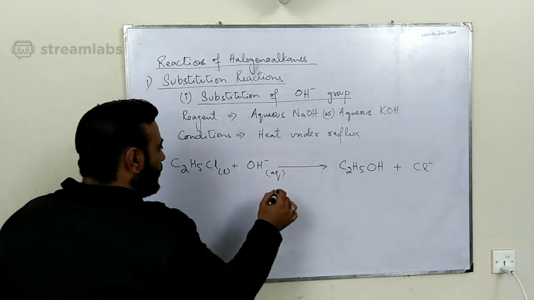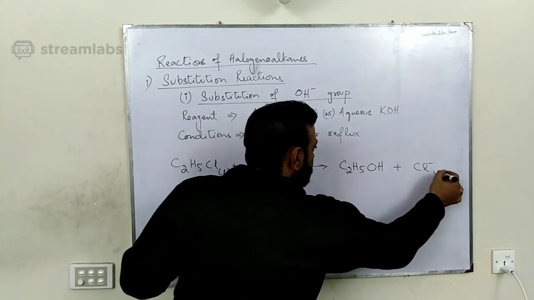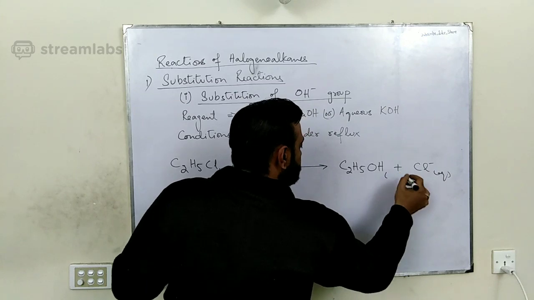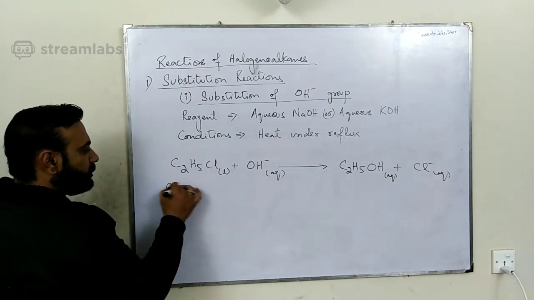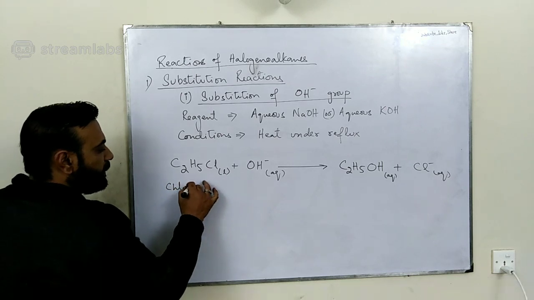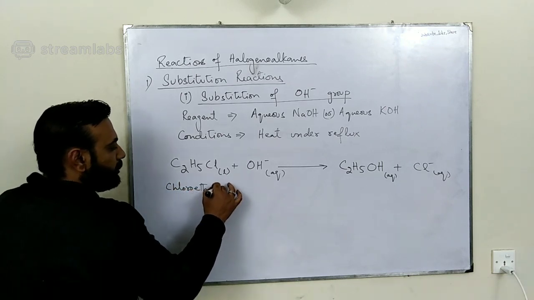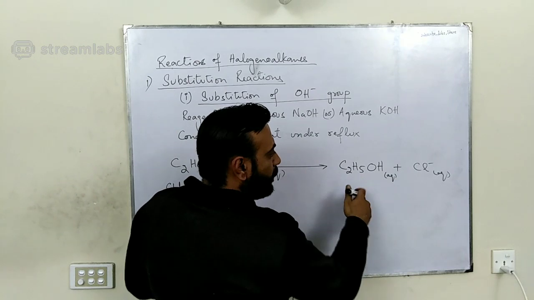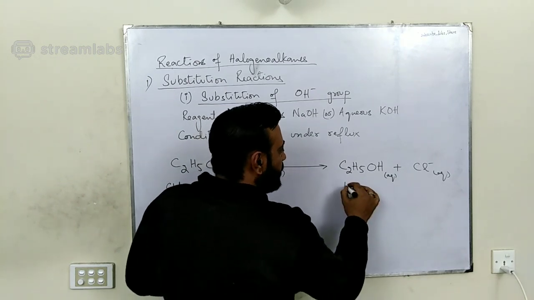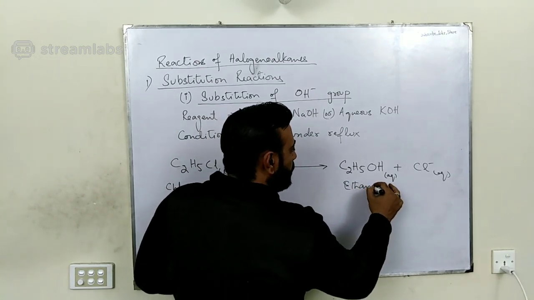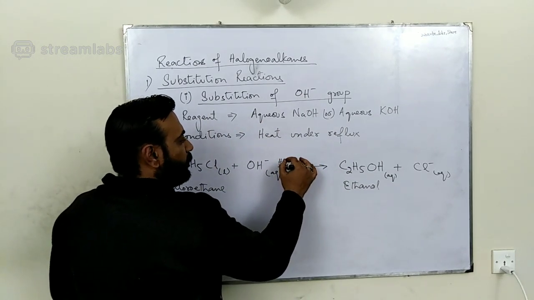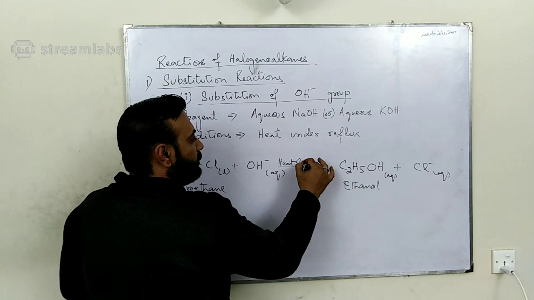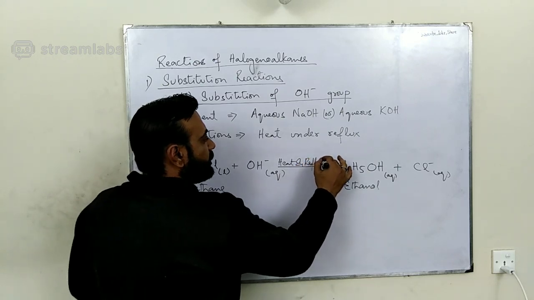So right now we have chloroethane, and the compound formed as a result of this reaction is ethanol, and the conditions for this reaction were heat and reflux.